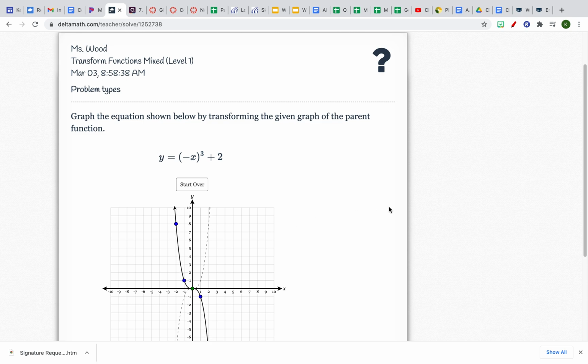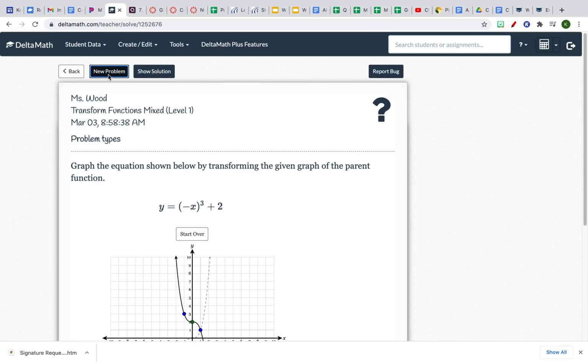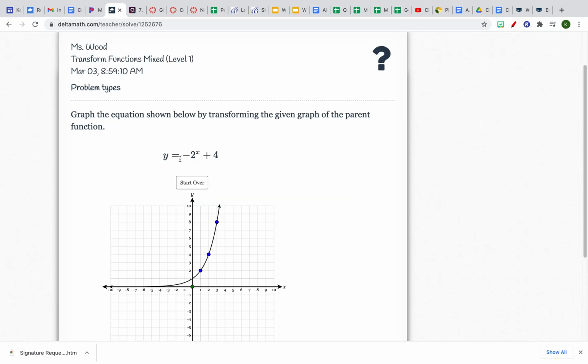So do your reflection first and make sure that it's lined up properly. Then grab your green dot to move it up to. Do your negative first. So that's going to move it across the x. And then grab your green dot and move it up 4.